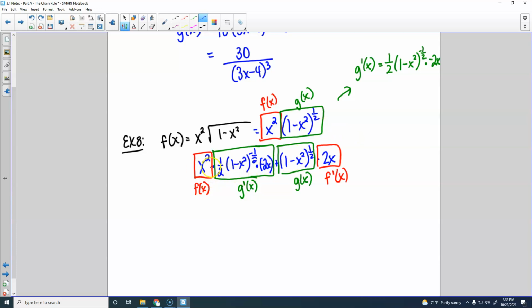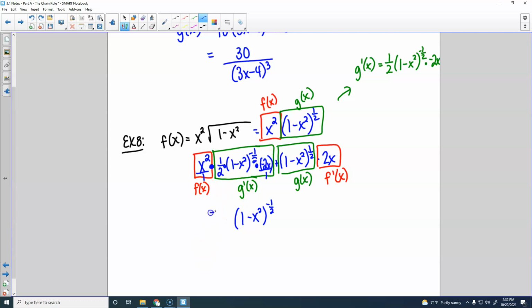So for this stuff, everything right here is multiplied, the x squared, the 1/2, the negative 2x. So I would leave the 1 minus x squared to the, I'm going to actually leave it to the negative 1/2. There's a few ways you can simplify it, but I'm going to leave it like that. So the x squared, the 1/2, and the negative 2x can all be multiplied together. X squared is in the top, negative 2x is in the top, 2 is in the bottom here.